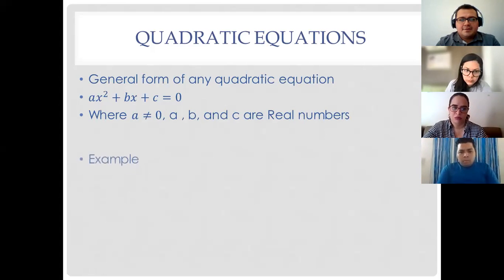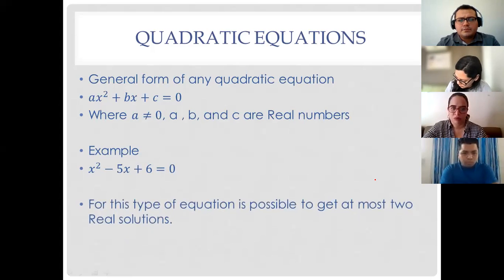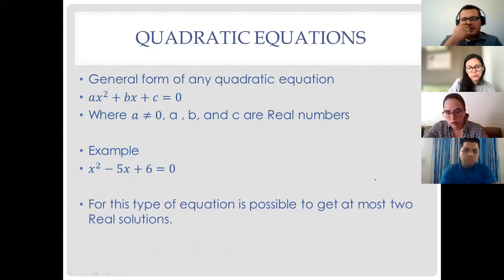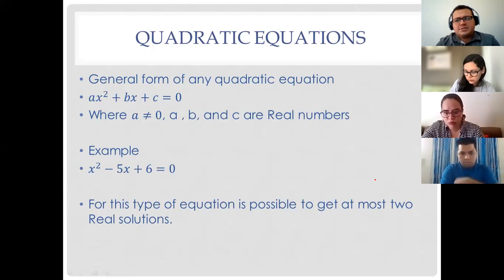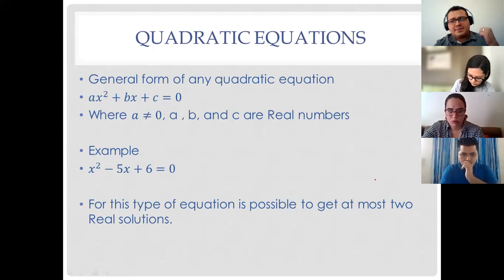Okay. Here's an example. x squared minus 5x plus 6 equals 0. And how can we solve this exercise? For these types of equations, we expect to get at most 2 real solutions. Now, what does at most mean? Different than the last time, when I said at least. Now I'm saying at most 2 real solutions.